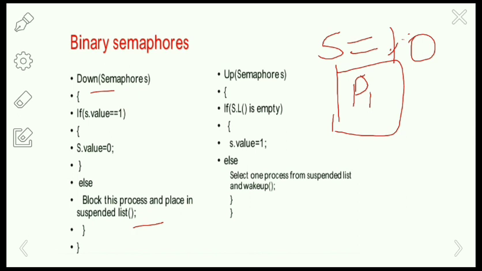Okay, so in this scenario, if any other process tries to enter the critical section, then it will be placed in the blocked, suspended queue. Here the process P2 tries to enter the critical section. Since the process P1 is already in the critical section and the semaphore value is 0, no process is allowed to enter the critical section in the case of binary semaphores.